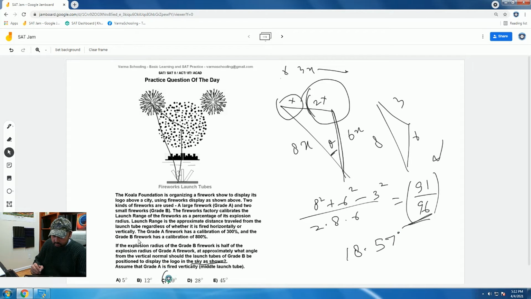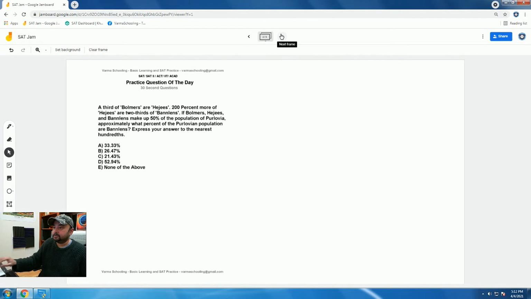So about 20 degrees is the angle required to launch this firework. So that was fairly simple using the cosine rule. The main part of the question was, can you get to the ratio of the sides? So pretty good.